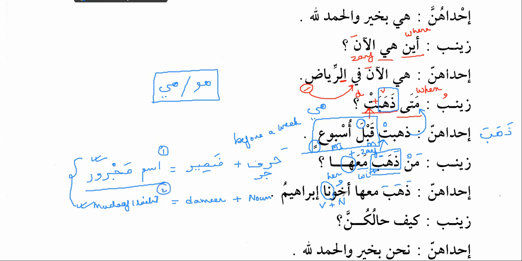Ahuna Ibrahim. Before, I described Abbas as badal in the case of Sheikh Abbas. Here also Ibrahim is coming as a badal for Akh. So here Ibrahim is in the position of badal.